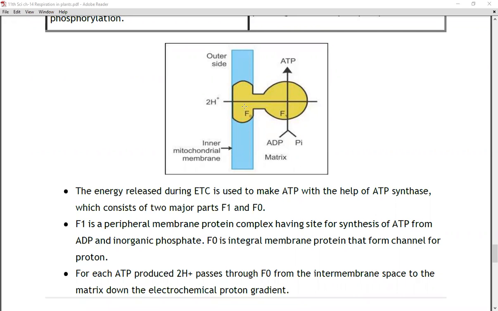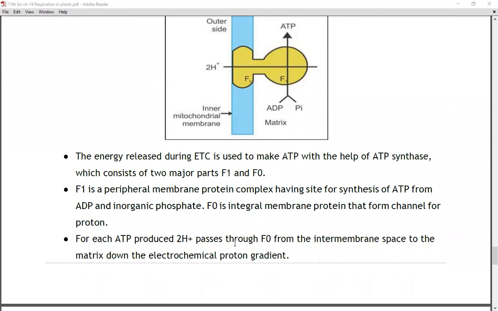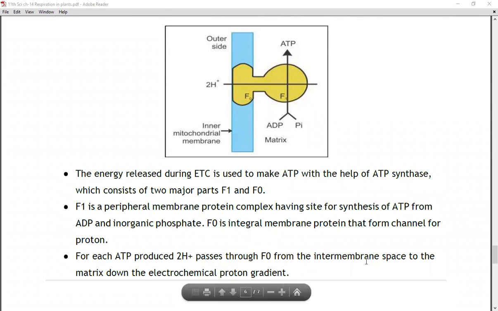It acts as a channel for the proton, so it is responsible for passing the protons. For each ATP produced, 2H+ passes through F0 from the intermembrane space to the matrix down the electrochemical proton gradient. The intermembrane space contains the protons.